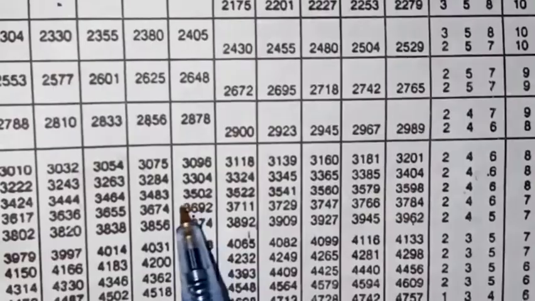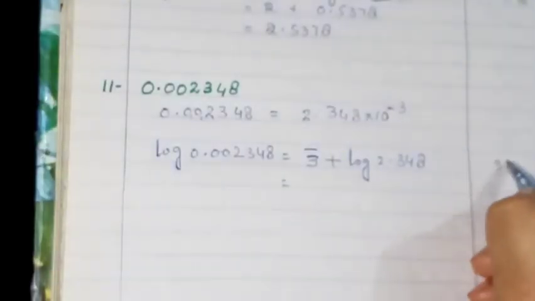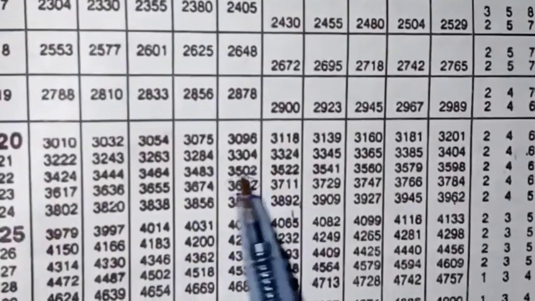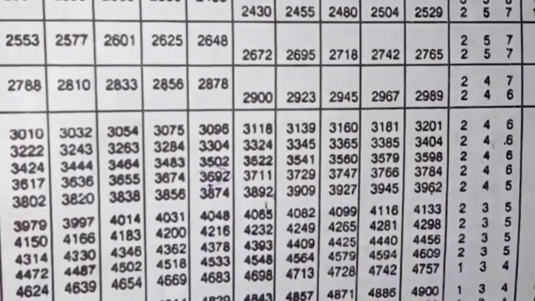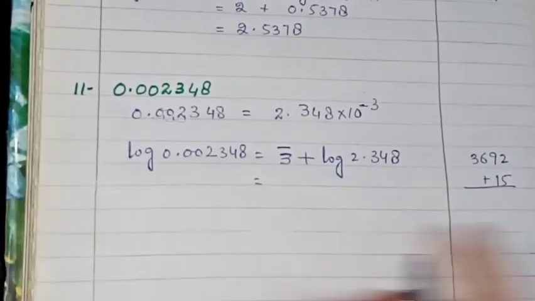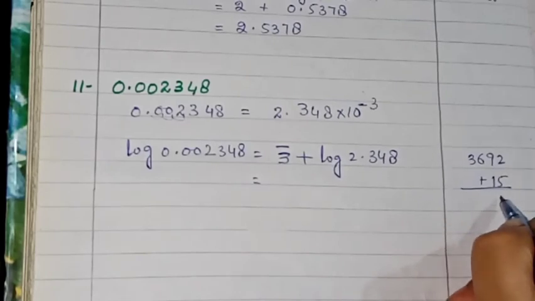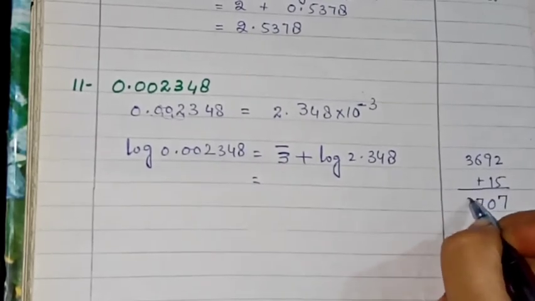We have to write this value in the rough column, 3, 6, 9, 2, and after that it is 8. So after taking this 3, 6, 9, 2, we have to go for the column 8, that gives 15 to us. We have to add this 15 into it. After adding these two, I got 3, 7, 0, 7.